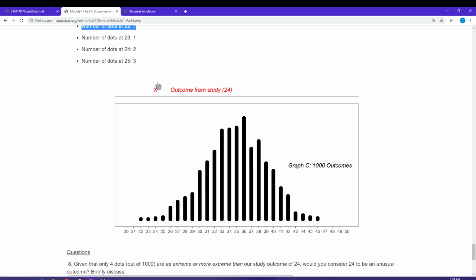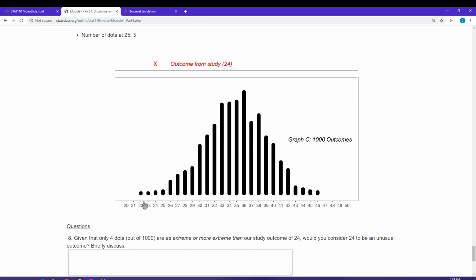So 24 here is sitting certainly on the edge of this distribution. I'm going to argue that 2 out of 1,000 is unlikely to occur, and certainly 1 out of 1,000 is also unlikely to occur. So to me, from a statistician's perspective anyway, 24 is a somewhat unlikely value.